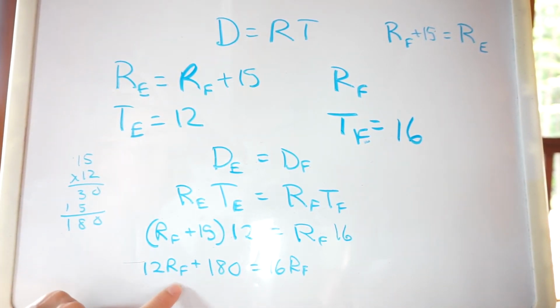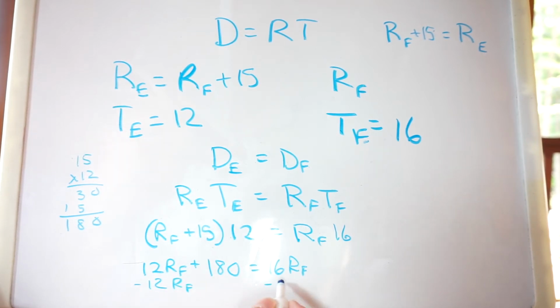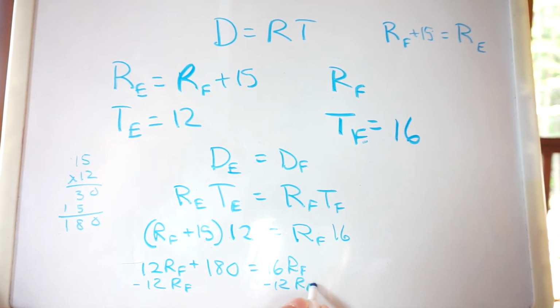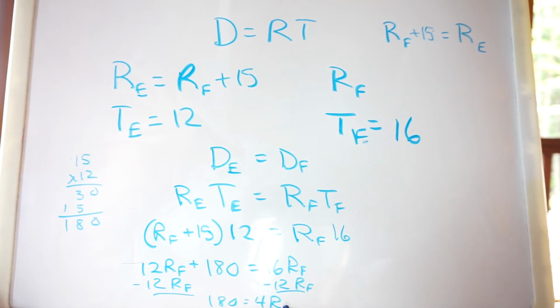The only variable we have left is RF, so that's what we want to solve for. I'm going to subtract 12 RF from both sides. I have 180 is equal to 4 RF.